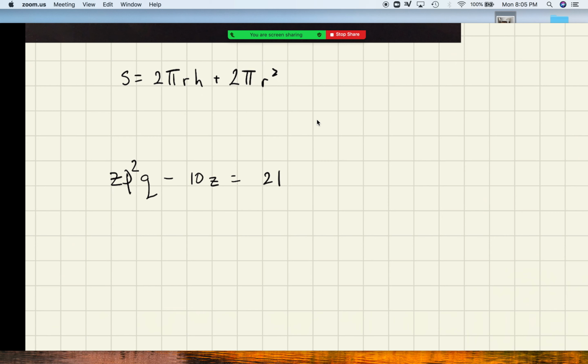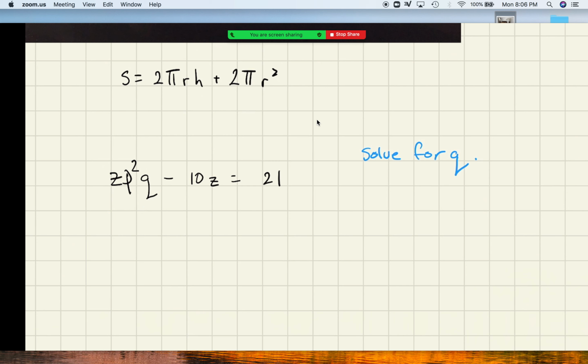If I were to say solve for q, that's the same as this problem. It's getting q by itself. There's two terms here: this term, and then this minus 10z.